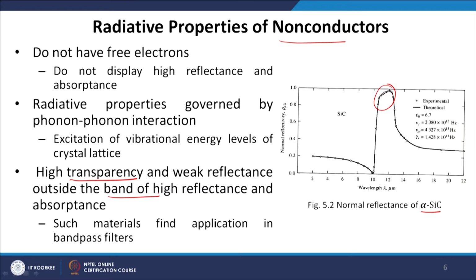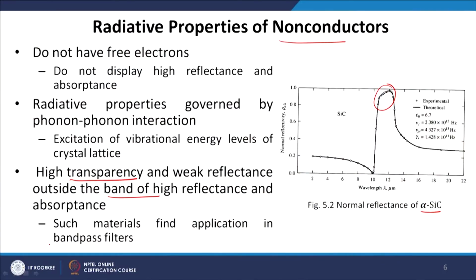They absorb and reflect only within a band. The application of such non-conducting materials is in band pass filters. Whenever we want to devise a band pass filter for radiation, these types of materials are used because of this characteristic of reflectance and transmittance.